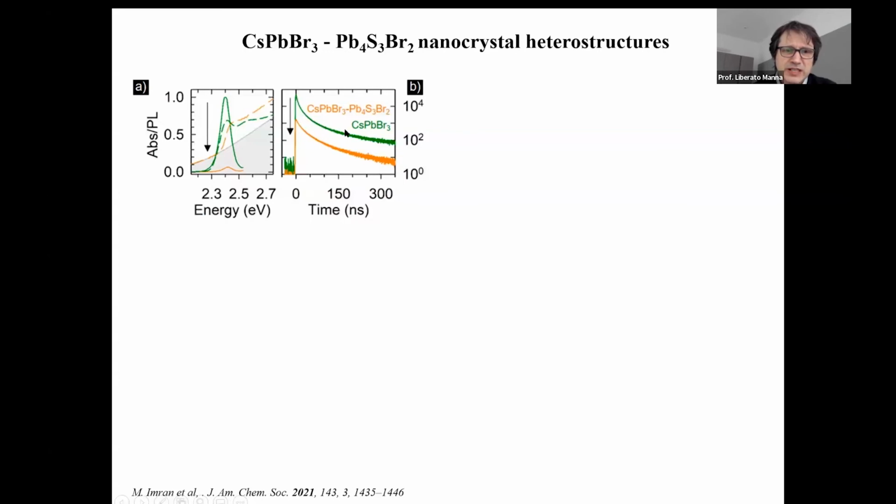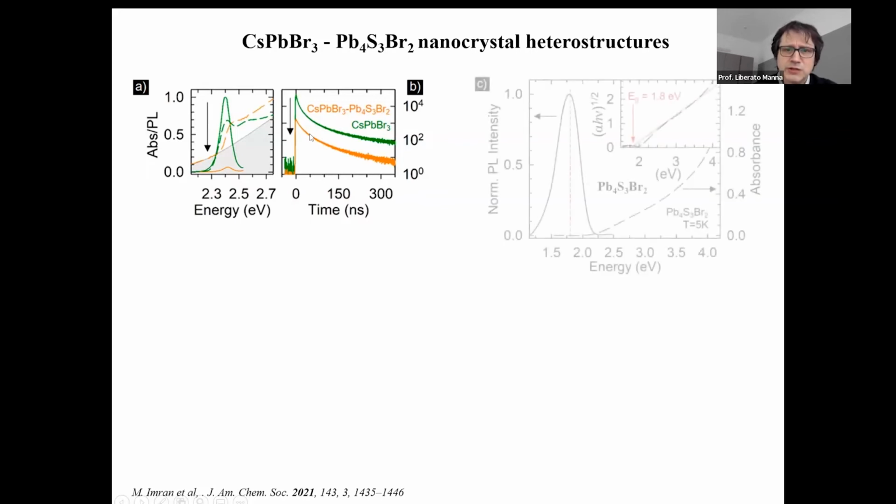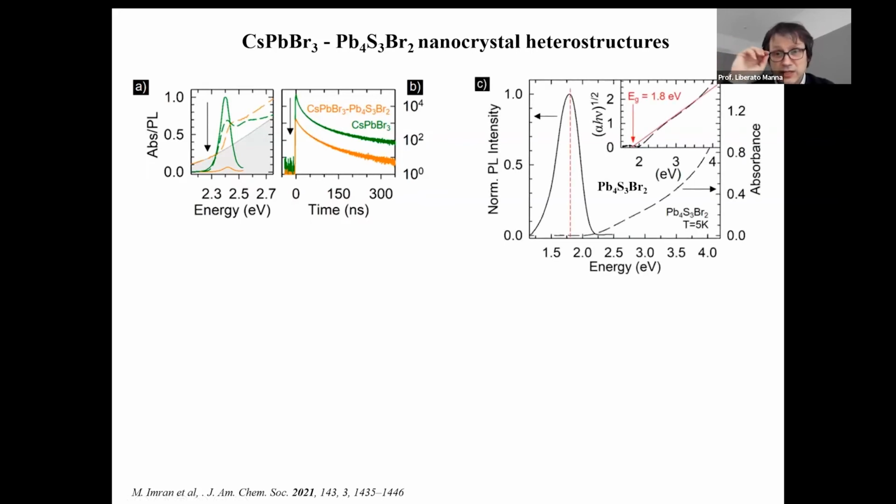It's basically the same as a standard solution of cesium lead bromide, telling us that the weak green PL that we are observing in this sample is just from isolated nanocrystals of cesium lead bromide. If you make isolated chalco halide nanocrystals, then they are not emitting at room temperature.